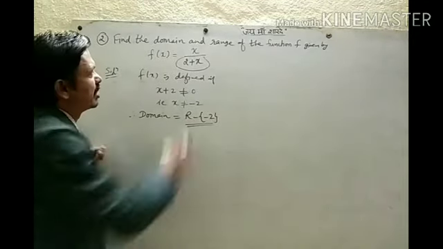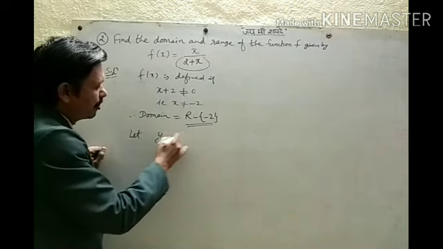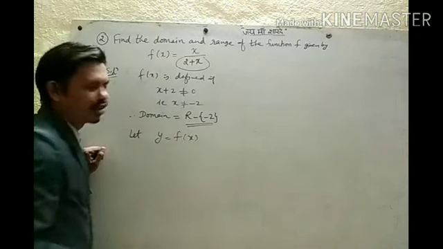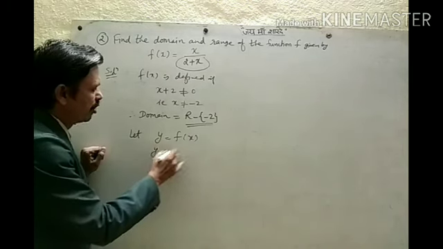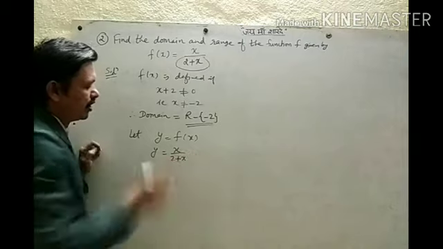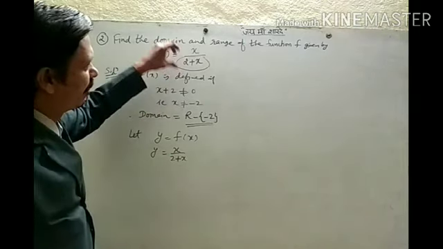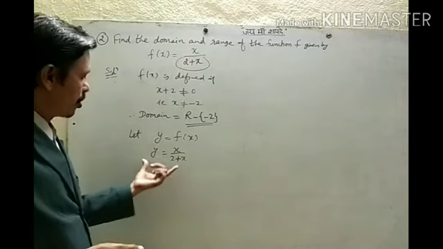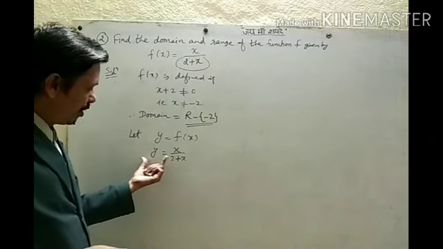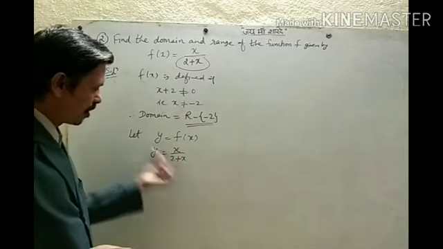Now, to find the range of this type of function, what will we do? Suppose y is f of x, means y is equal to x upon 2 plus x. To find the range of a rational function in this form, we use y equal to f of x.